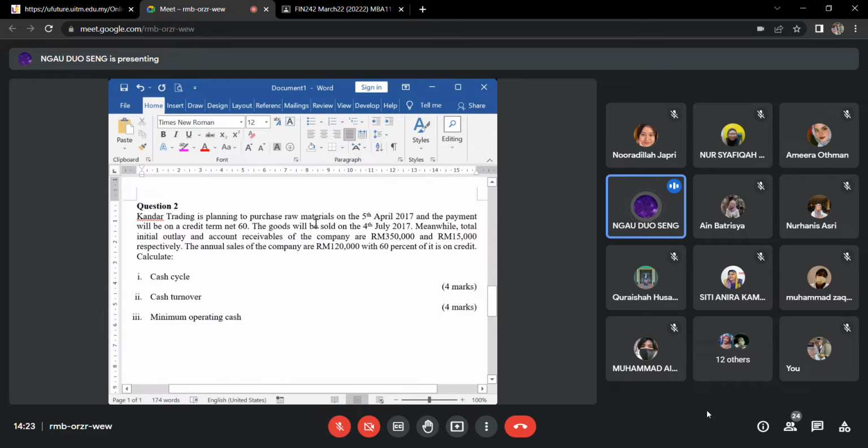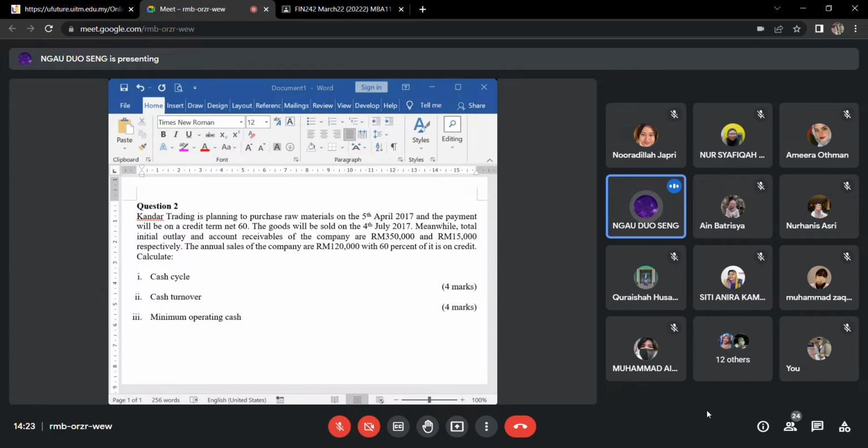So the good will be sold on the 4th July 2017. Meanwhile, total initial outlay and account receivable of the company are 350,000 and 15,000 respectively. So the annual sales of the company are 120,000, with 60% of it on credit. So calculate the cash cycle.